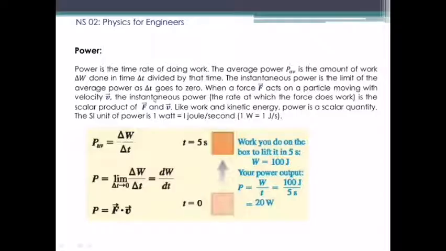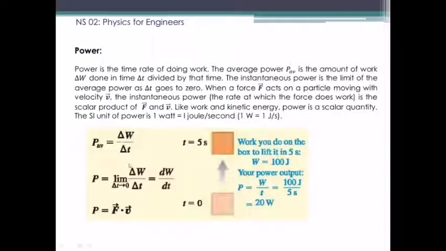The instantaneous power is the limit of the average power as delta t goes to 0. When a force F acts on a particle moving with velocity v, the instantaneous power, or the rate at which the force does work, is the scalar product of F and v. Like work and kinetic energy, power is a scalar quantity.